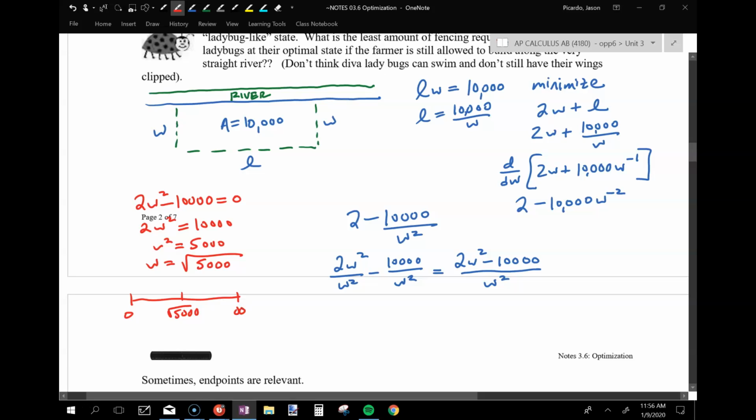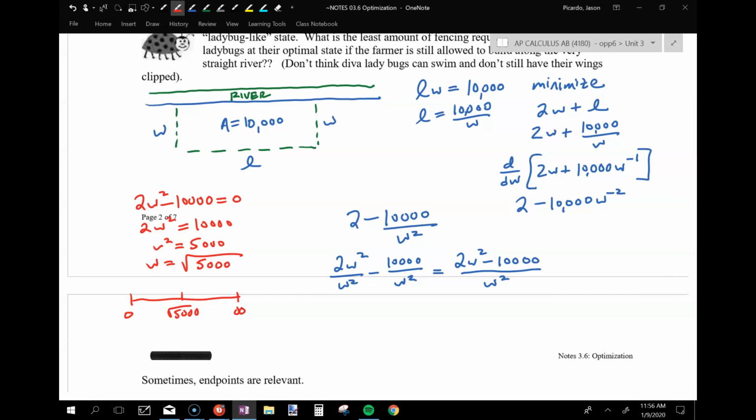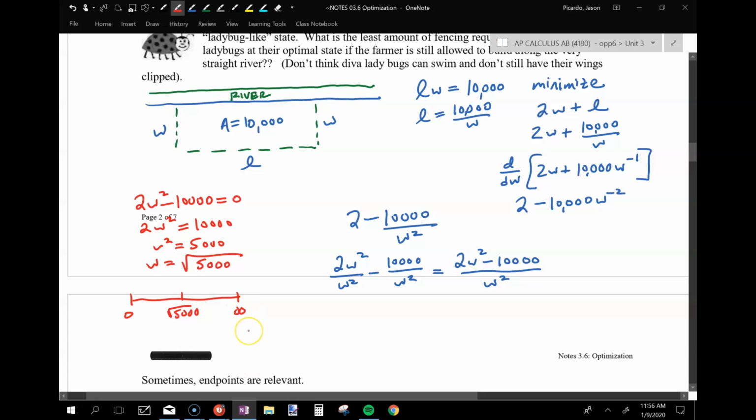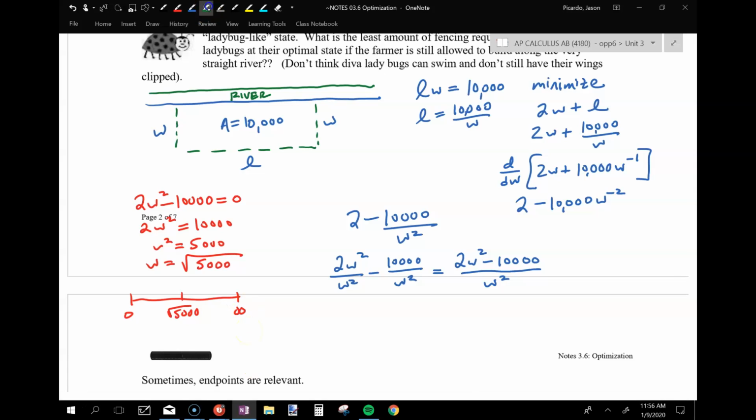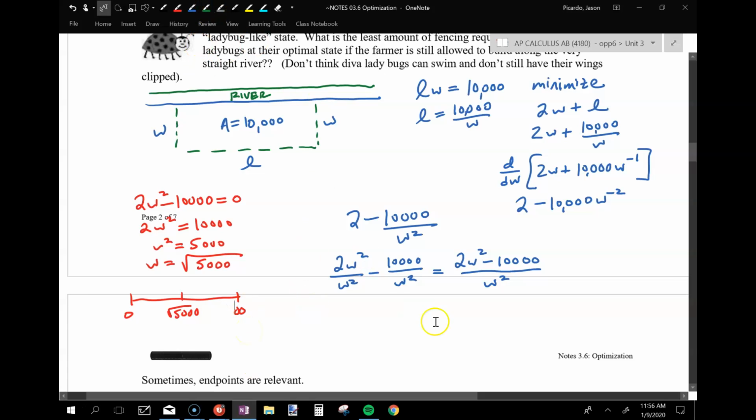Is that okay? Because do I really know what that other dimension is going to be? I don't, right? So I'm just going to put a value just bigger than 5,000, in other words. All right, if I plug 1 into the derivative, what do I get? Positive or negative number? Plug in 1 and I get a negative value.